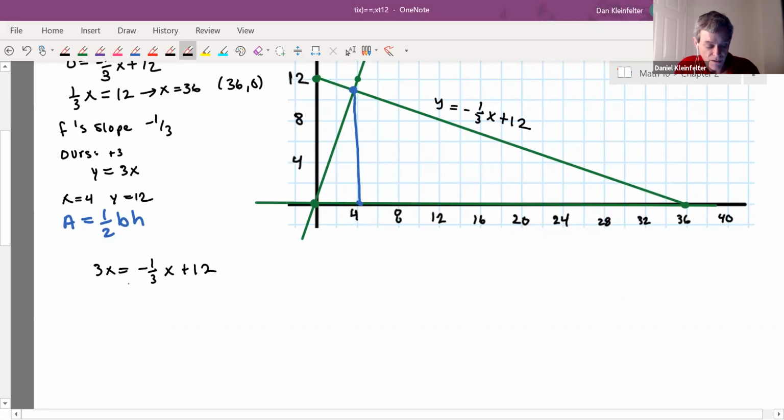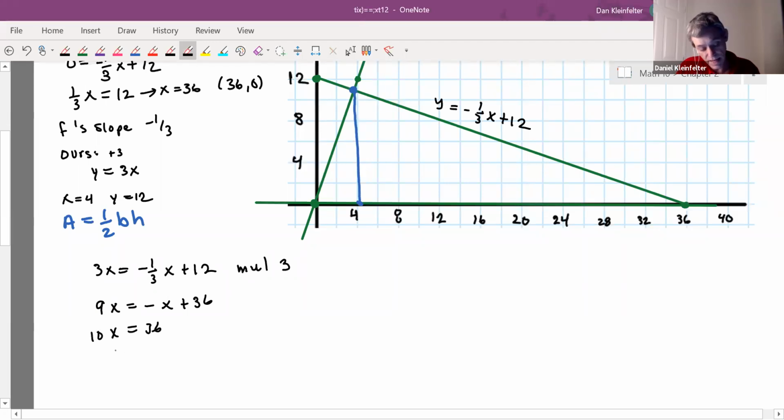Now I need to solve this. To make this easier on us, I'm going to multiply through by 3, which will clear the fractions out. We'll have 9x is equal to minus x plus 36. Adding x to both sides, we'll have 10x equals 36.